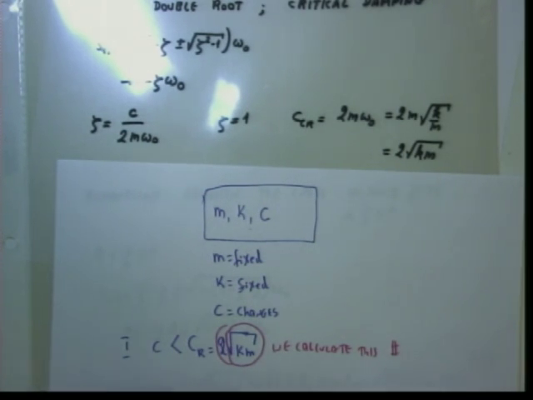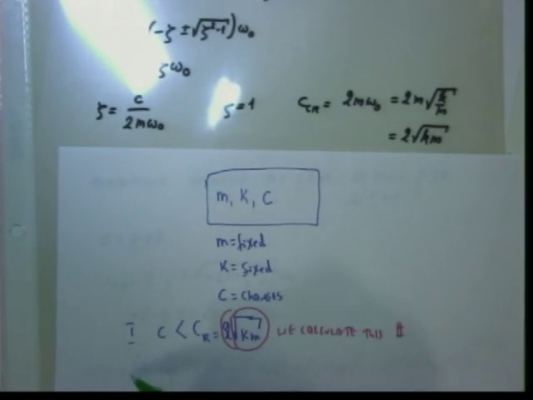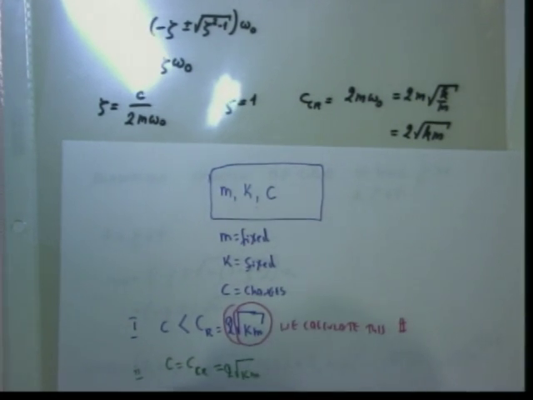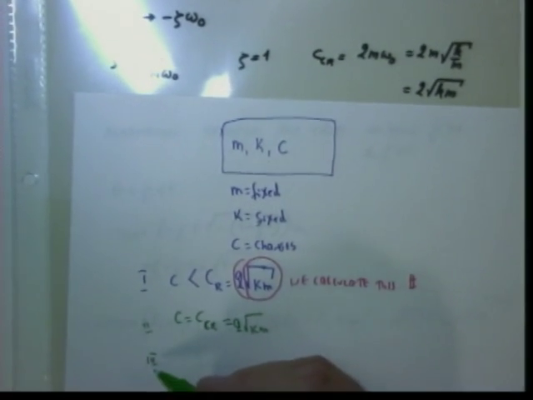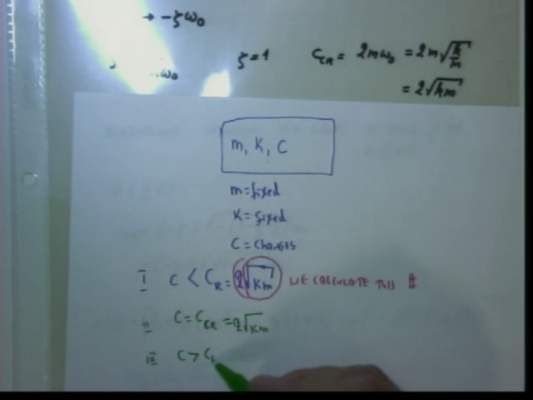So then we could get c is smaller than c critical, or c equals c critical, and that means equals 2 times square root of km. And third is c is greater than c critical.